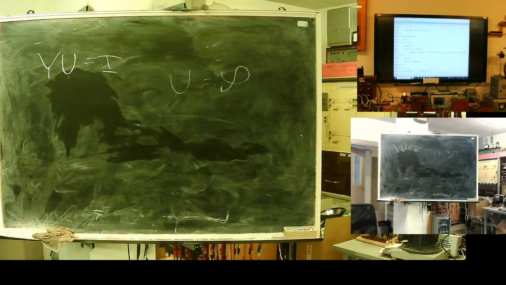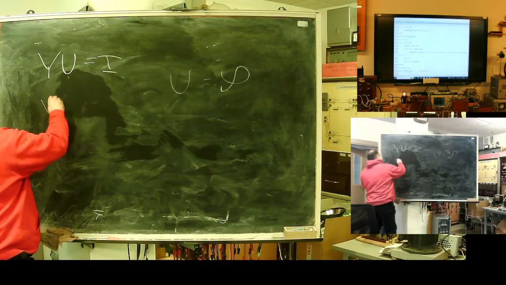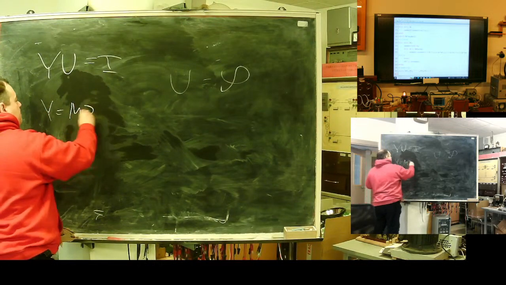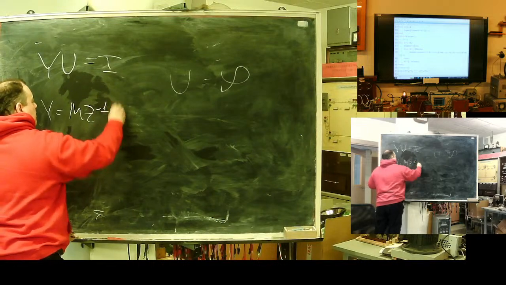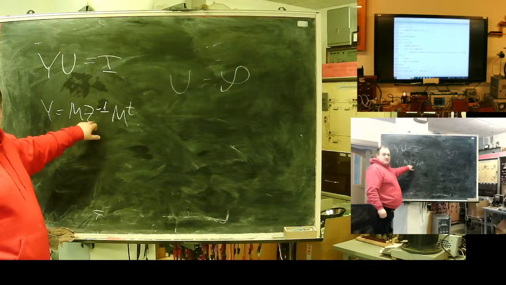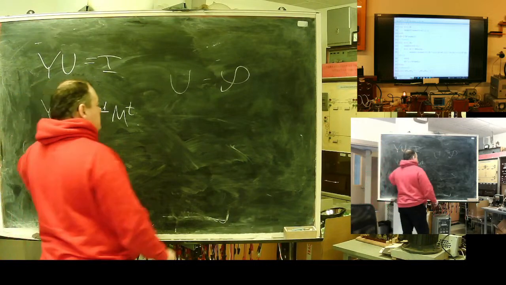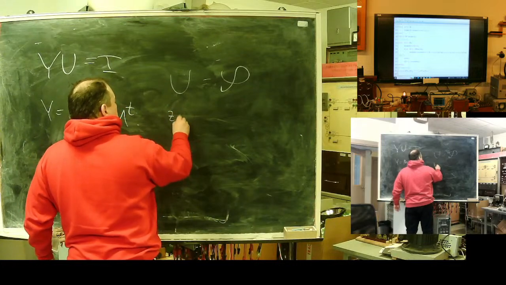But at this moment it's not a problem. Here, Y is M times the inverted resistance matrix times M transposed. This resistance matrix, for the simple case, has a very simple structure.